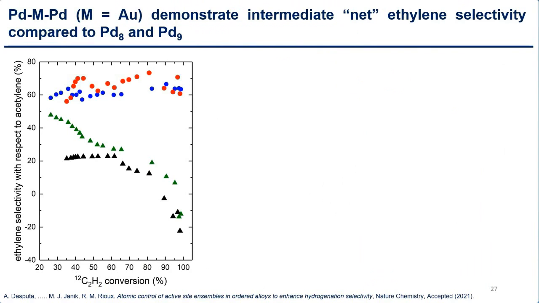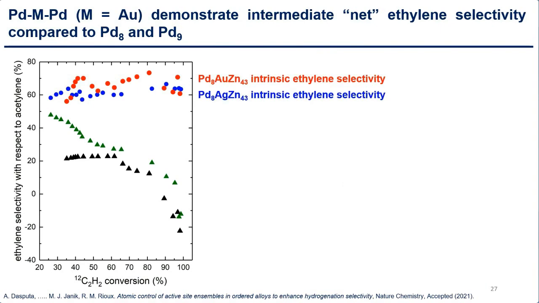So here are two sets of experimental results. One is for a gold containing and silver containing trimer. And what you can see is that the intrinsic selectivities are very similar amongst one another.